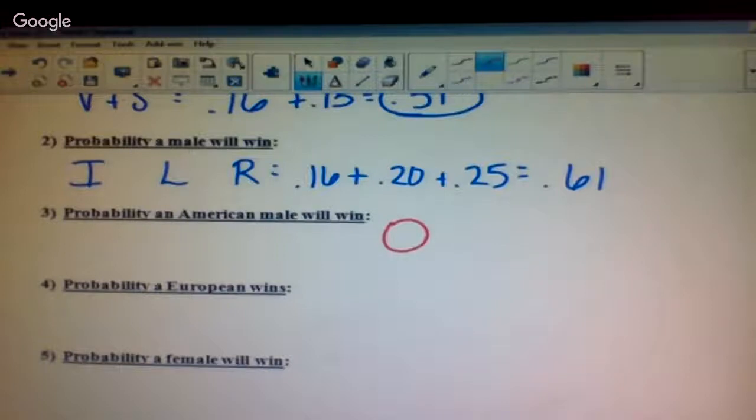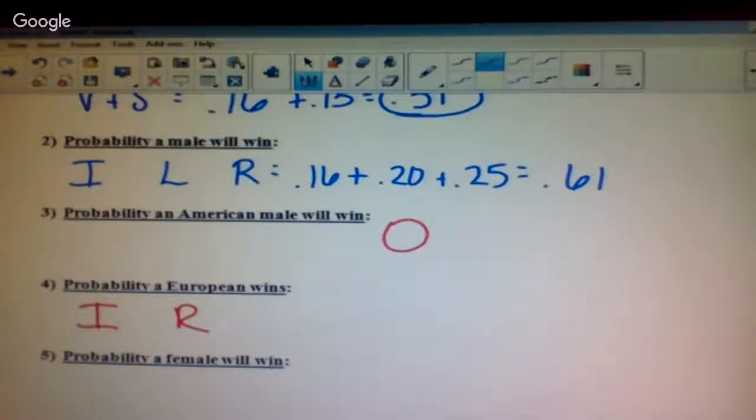What is the probability of a European winning? Swiss is European. Croatian is European, so that's Ivan. Is Anna considered too? Russia is part of two continents, European and also Middle Eastern.